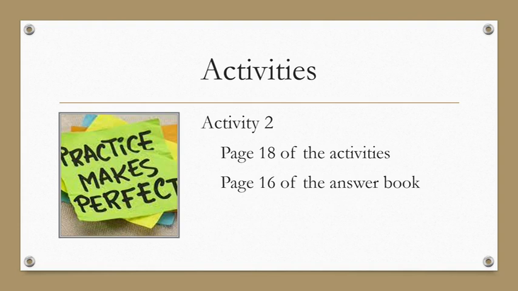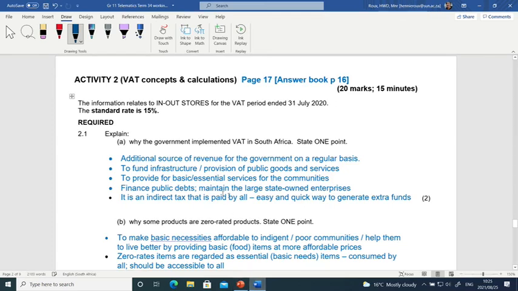Look at activity 2, page 18 on the activity book, and page 16 in your answer book for some calculations on VAT. We are looking at the information of In-Out Stores for the VAT period ended the 31st of July.